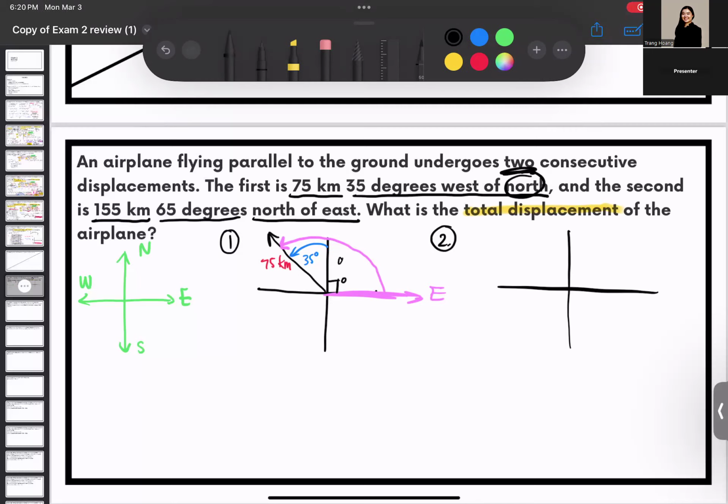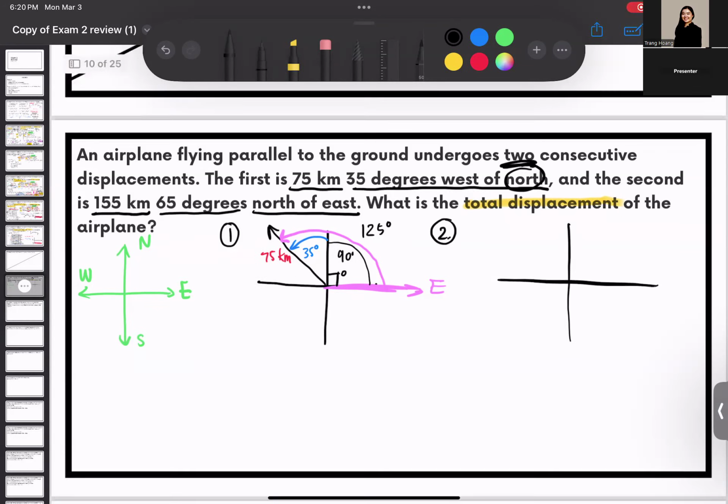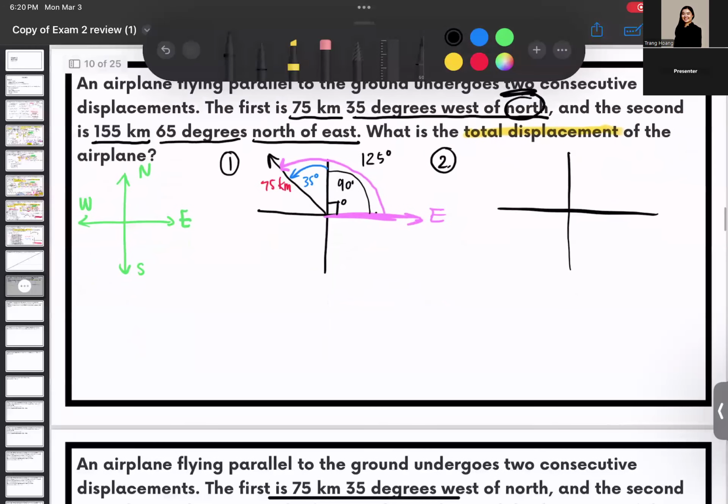So 90 plus 35 is going to be 125. Because we're taking that right triangle, we're adding that 35 west of north, and we get a total of 125 degrees. So that is the angle we're going to use. And this takes the guesstimating out of whether you're going to be using cosine for the x component of that triangle or sine, okay? So what you're going to see is I'm creating myself a triangle.